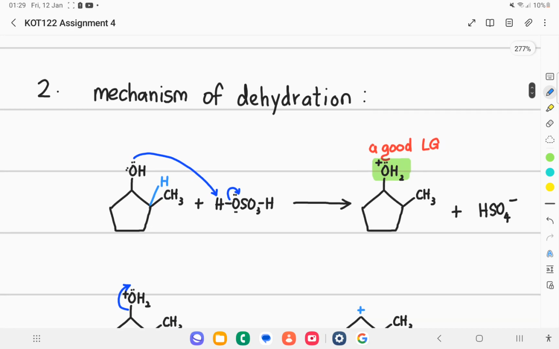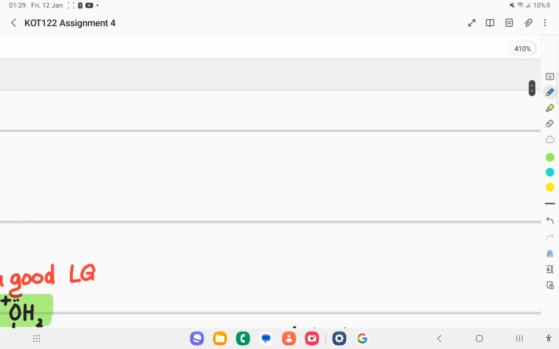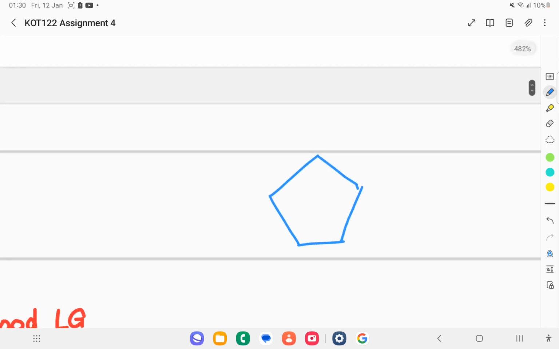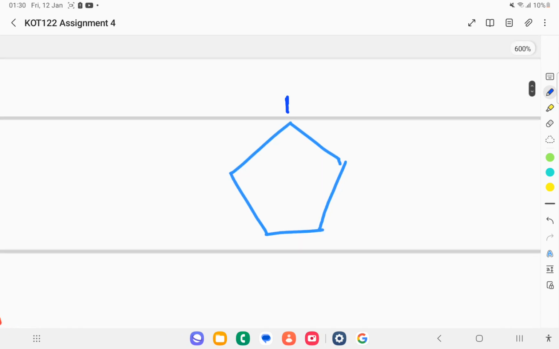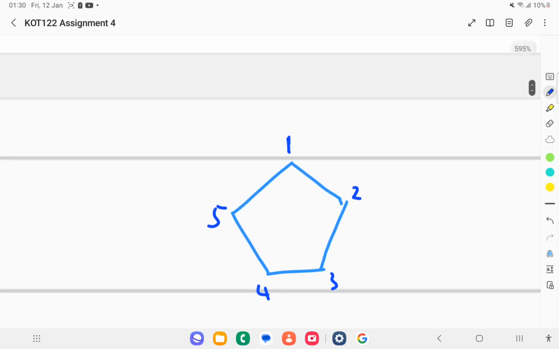Okay, mechanism of dehydration. Firstly, I will draw the compound given, which is the starting material. So we have a cycloalkane with 5 carbons. I will make this the first carbon and the second, third, fourth, and fifth carbons.